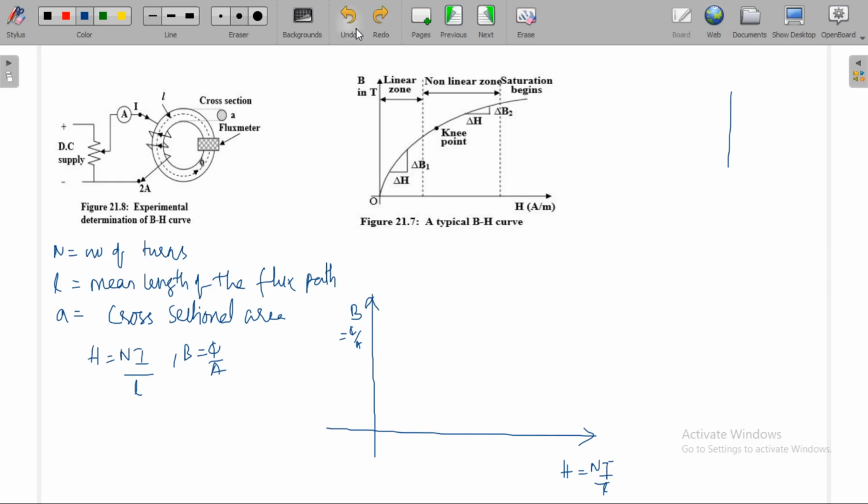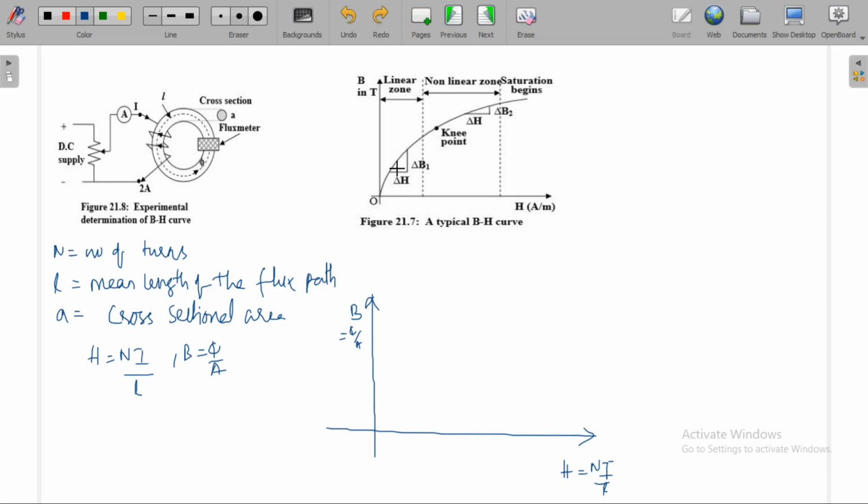Now coming to this, the BH curve operates in three regions. First, it operates in the linear region. The initial portion of the BH curve is nearly a straight line.